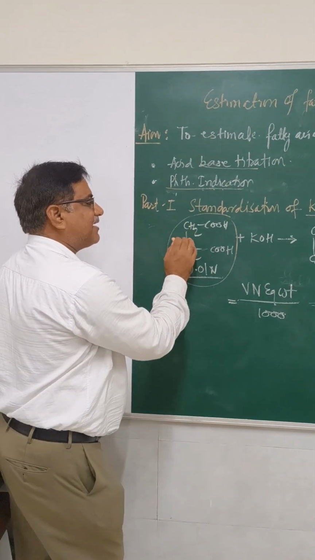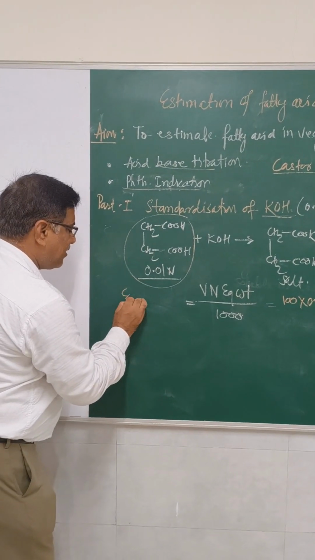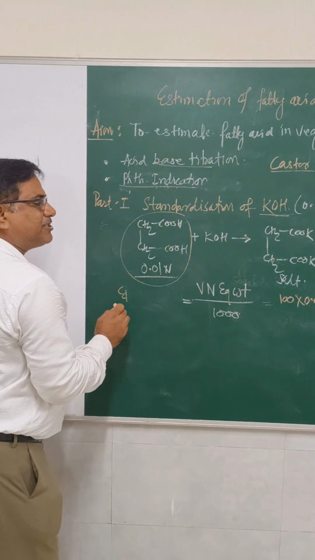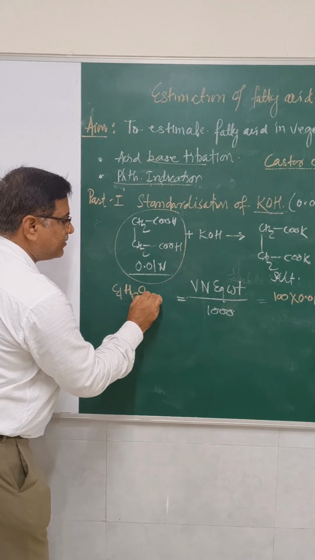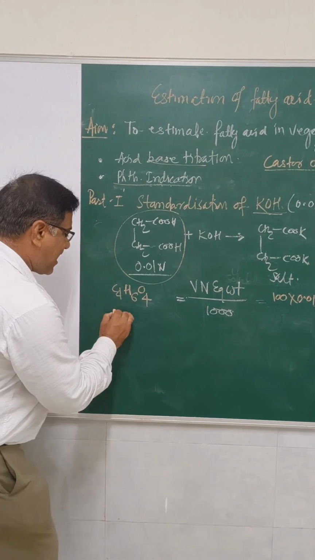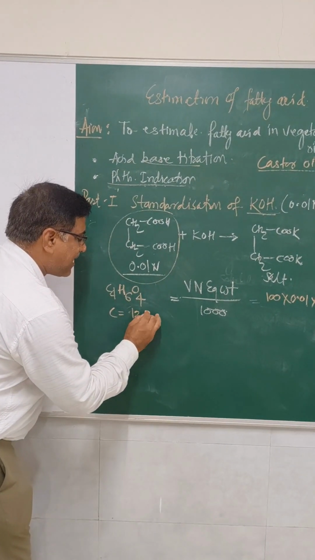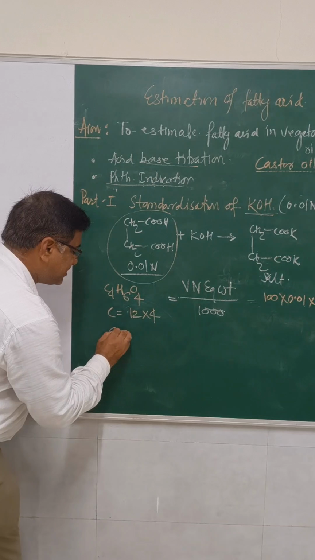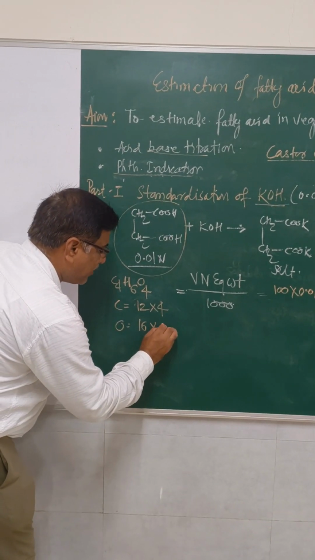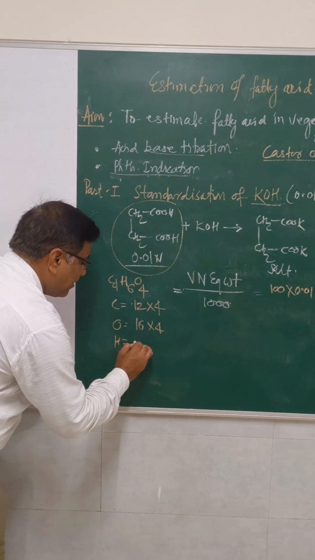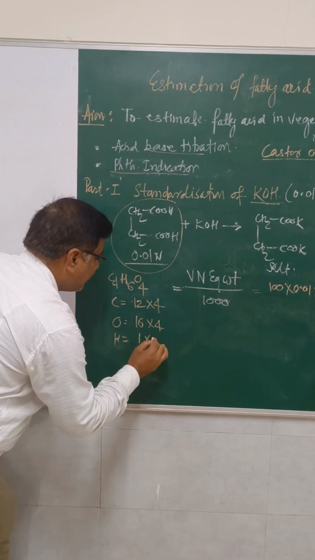For that हम लोग क्या करते हैं कि we have to write the molecular formula for this. लिखो molecular formula. कार्बन कितने बताओ? 4. हाइड्रोजन 6. ऑक्सीजन 4. बस. एक कार्बन का वेट है that is 12. अरे mass of carbon into 4. ऑक्सीजन 16 into 4 and hydrogen, yes, 1 into 6.